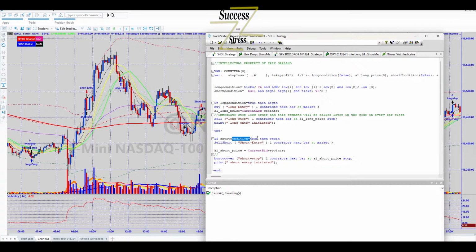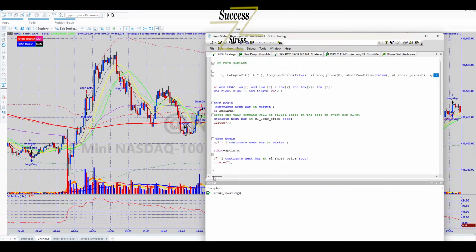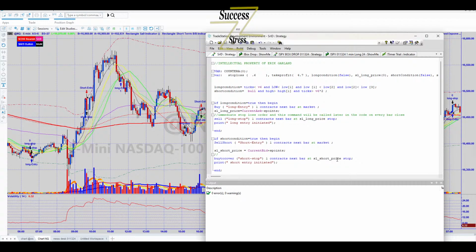And if the short condition was met, you did a short entry, and then you cover so many points. I just put the number 2 for the number of points to cover or take profit.